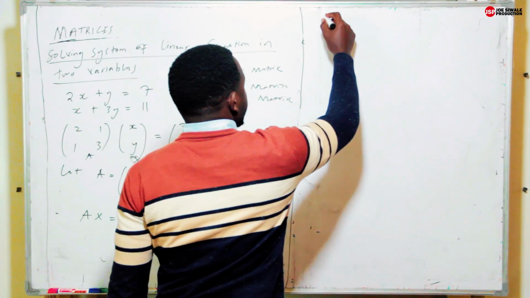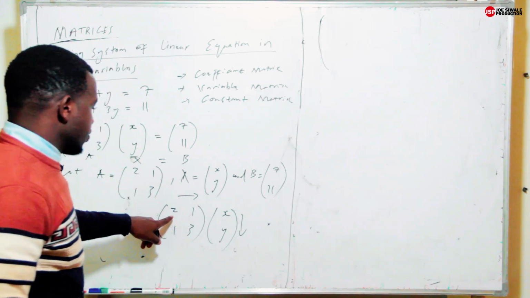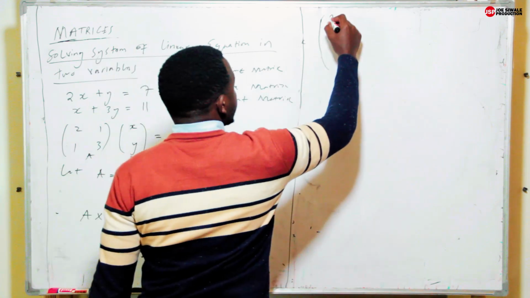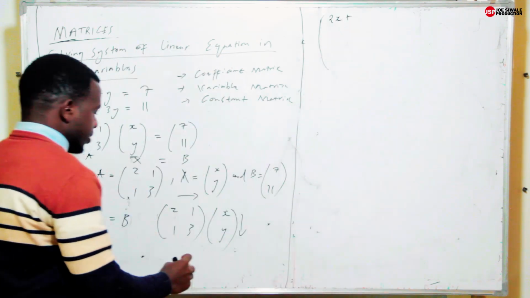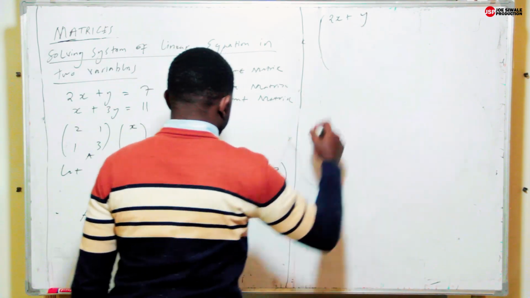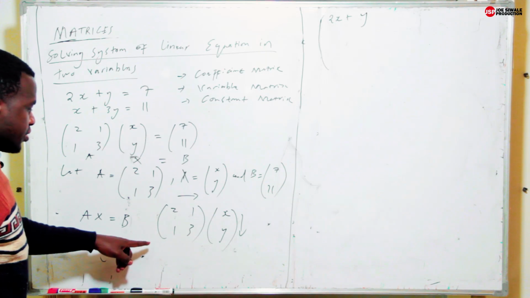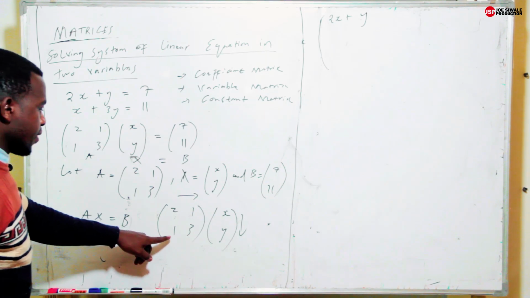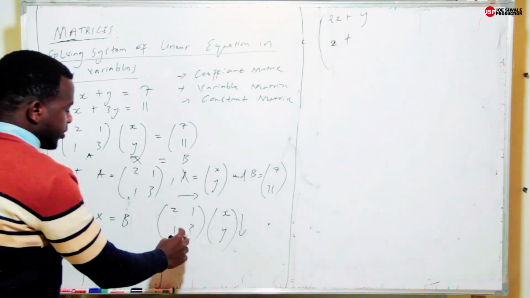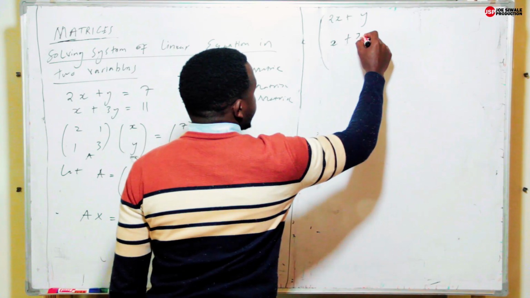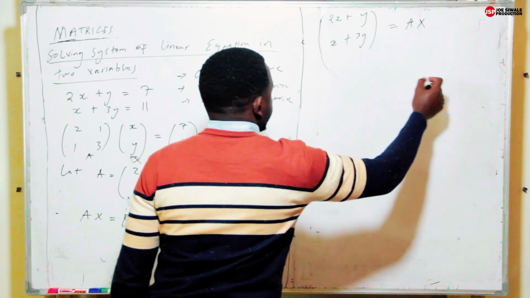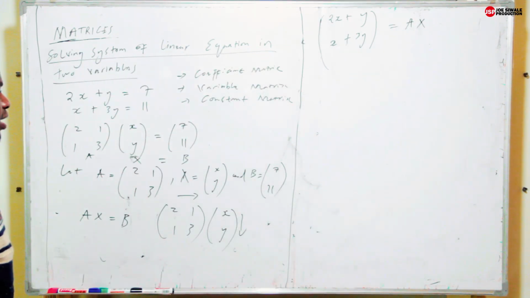So when we say row by column, we're going to say 2 multiplied by x, we're going to have 2x. Then plus 1 multiplied by y, we're going to have y. Then 1 multiplied by x, we're going to have x, plus 3 multiplied by y, we're going to have 3y. So this is equal to AX. So that's our AX.